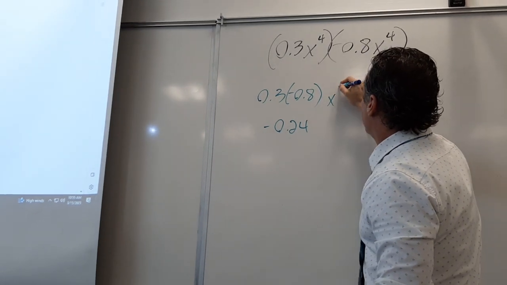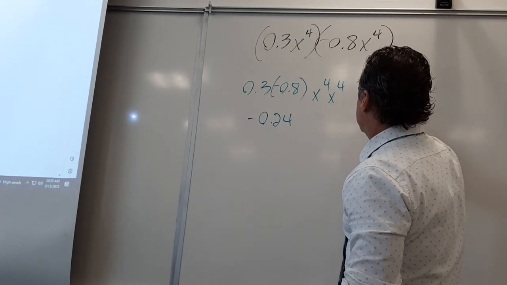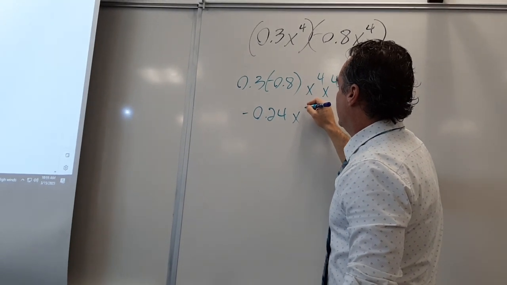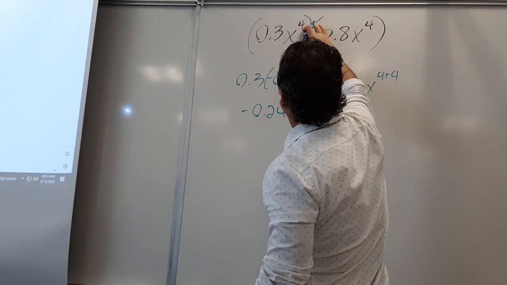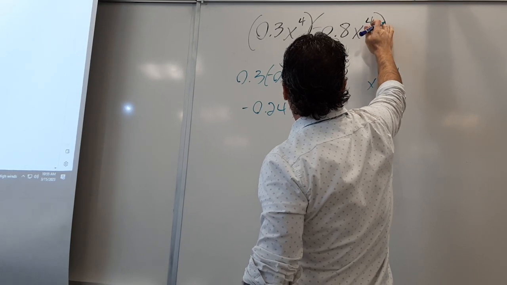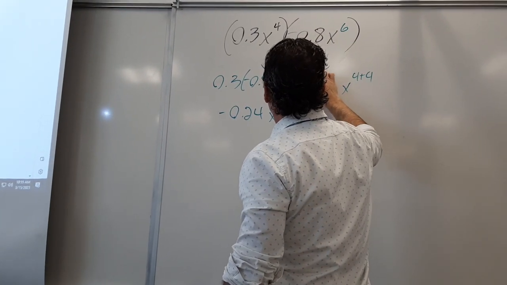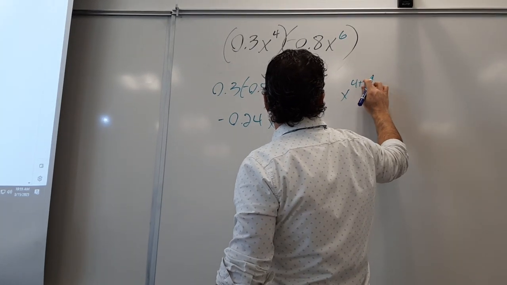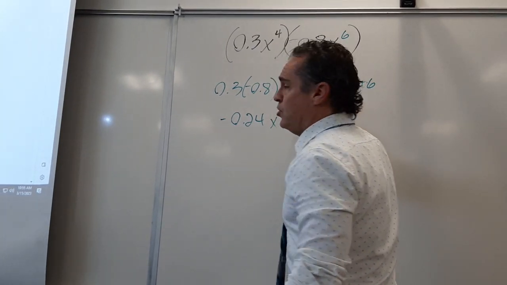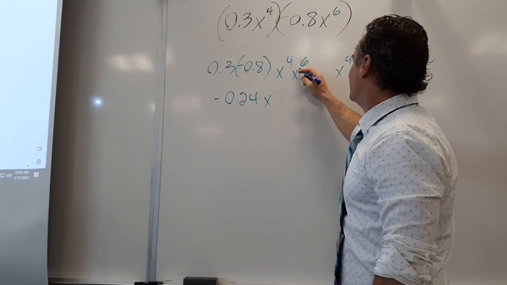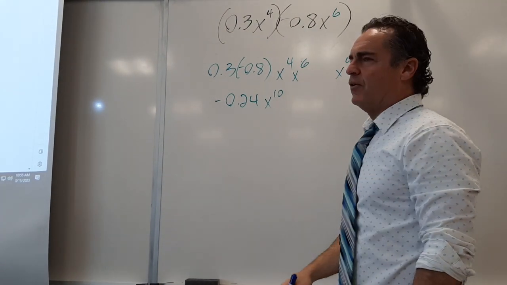And you have x to the 4th and x to the 6th, which makes x to the 4 plus 6. Don't multiply 4 times 6 to get 24, right? It's 4 plus 6 makes x to the 10th. Say woo if you got it right.